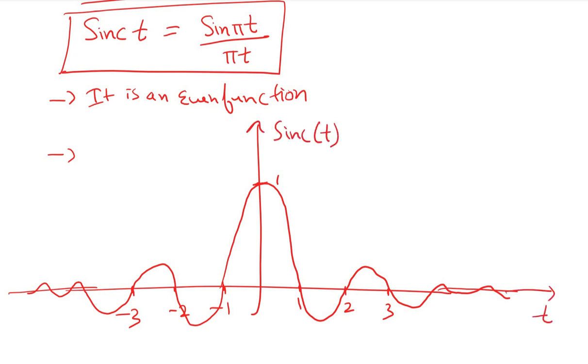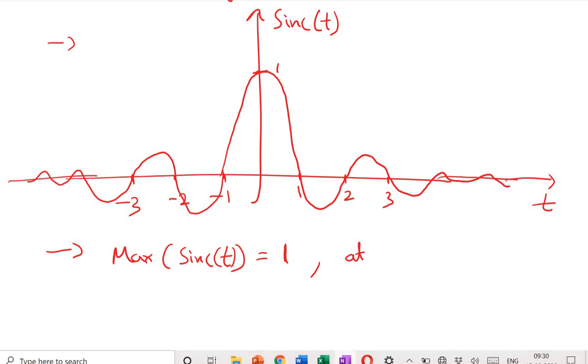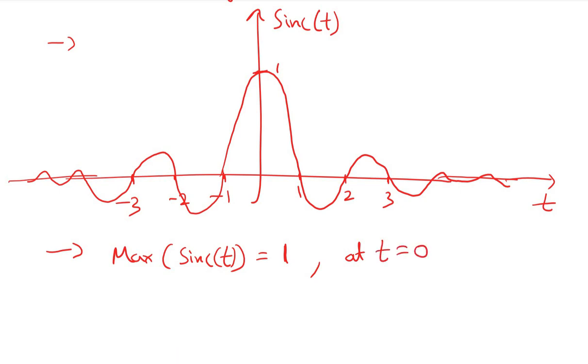This is your time axis t. Some of the important features, if we look at the graph of this function sinc t, is that it has the maximum value of 1, which is at time t equal to 0.